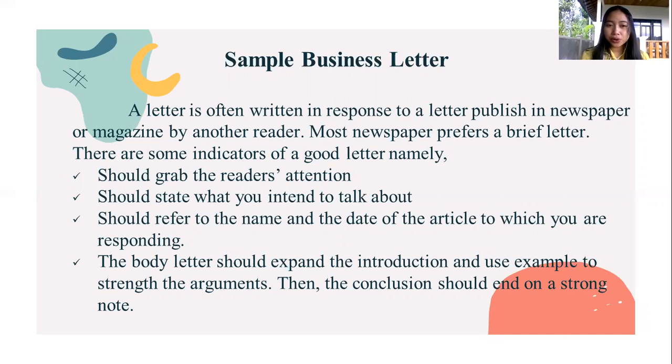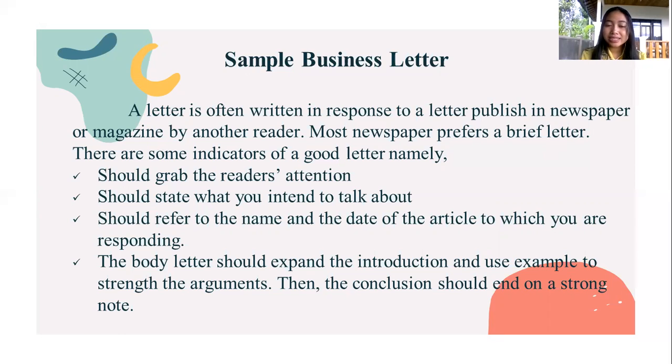The second indicator means that the letter should match what you want to talk about and what you write in your letter. The third is that it should refer to the name and date of the article to which you are responding. It means that in a letter, you need to write the name and also the date of your writing, and to whom you write the letter.